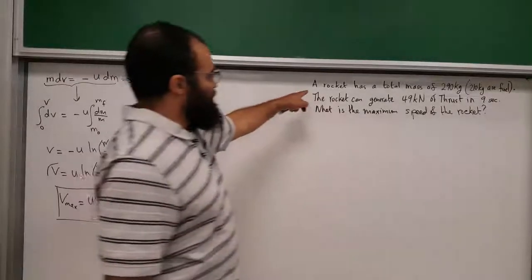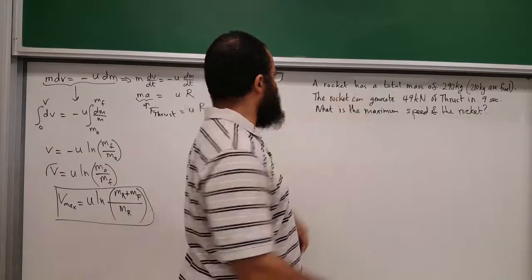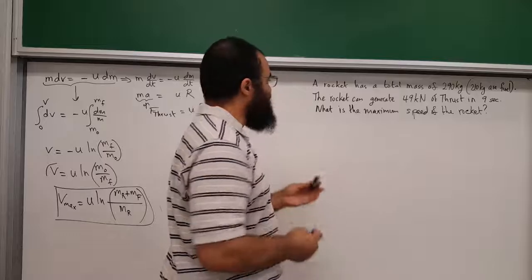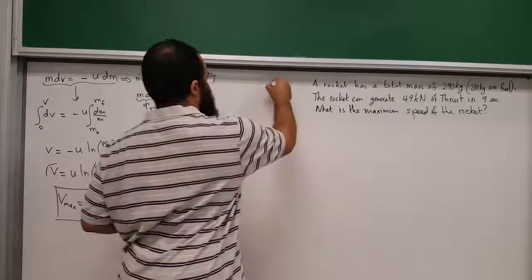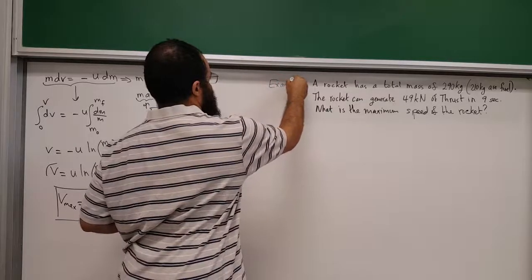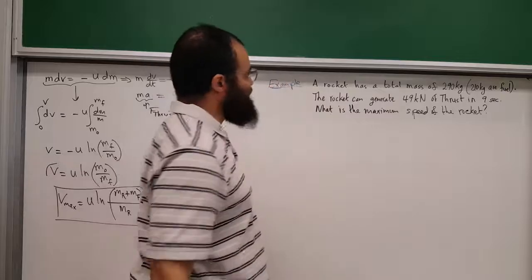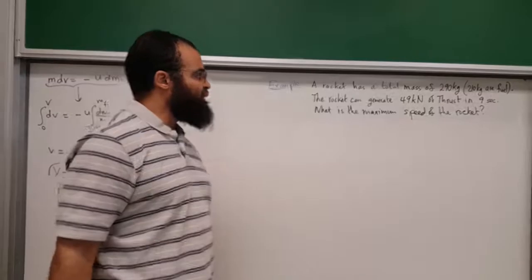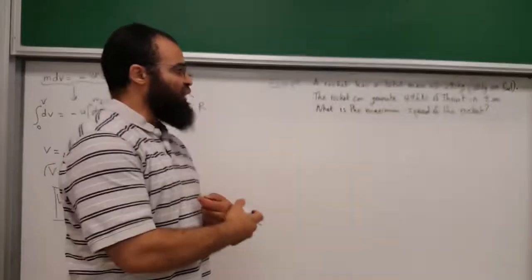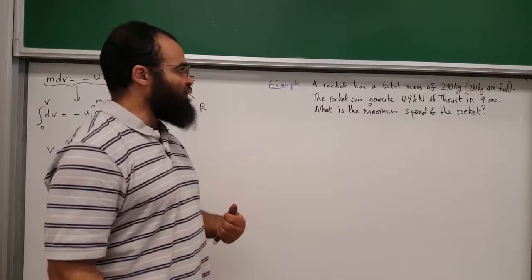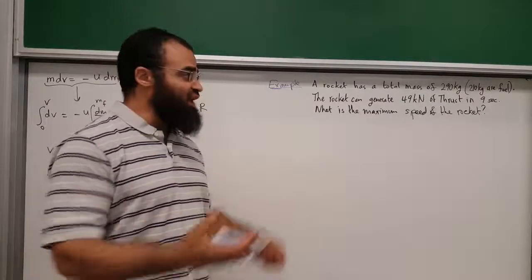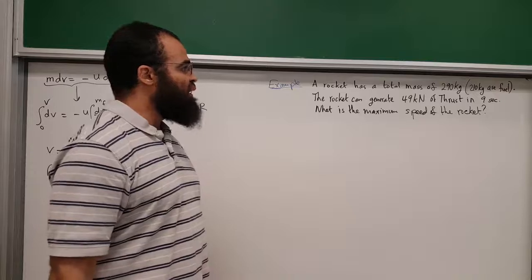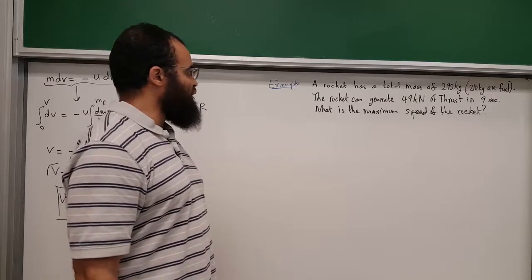So here they say you have a rocket, in this example, that has a total mass of 290 kilograms, 210 kilograms of which are fuel. That means the mass of the empty rocket is 80 kilograms.